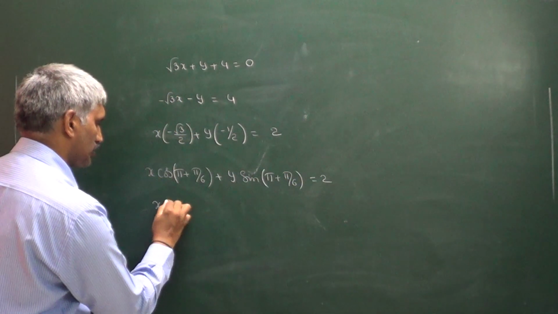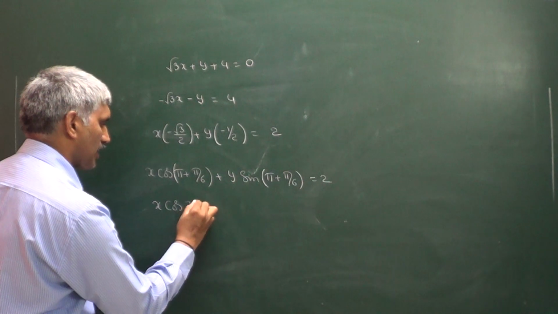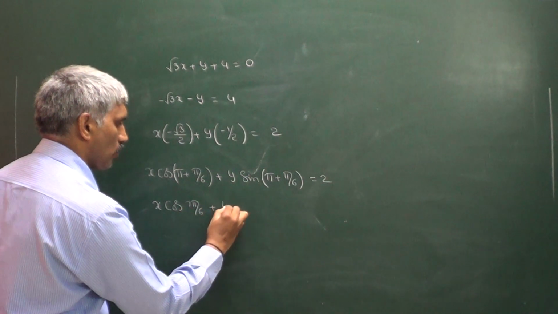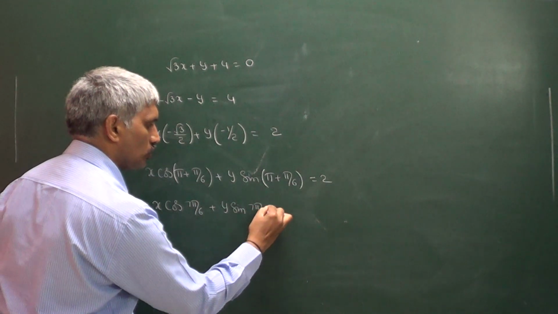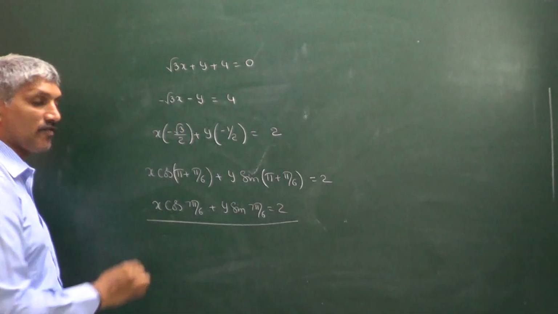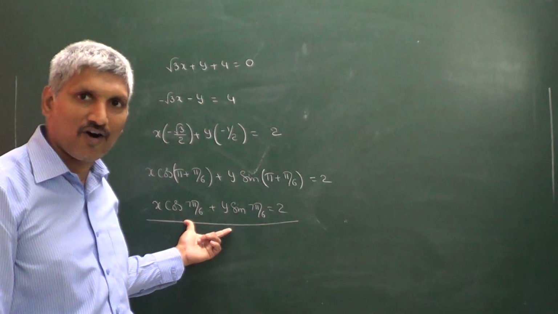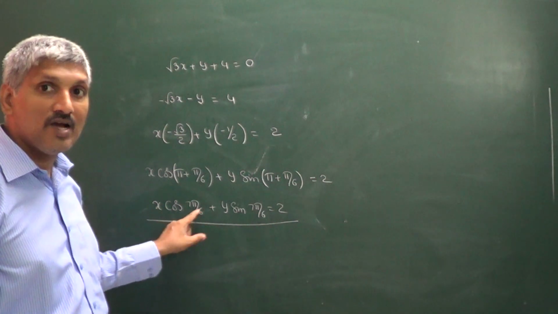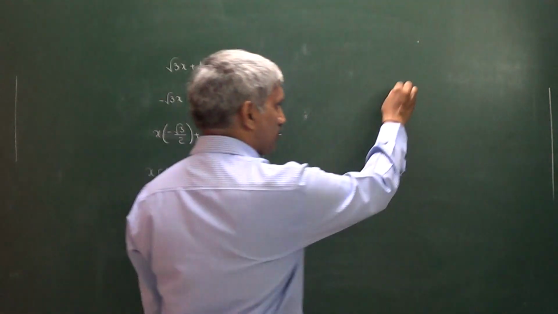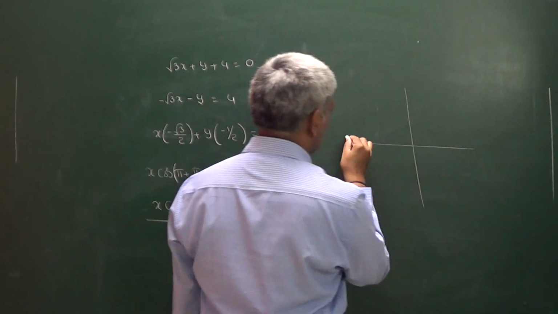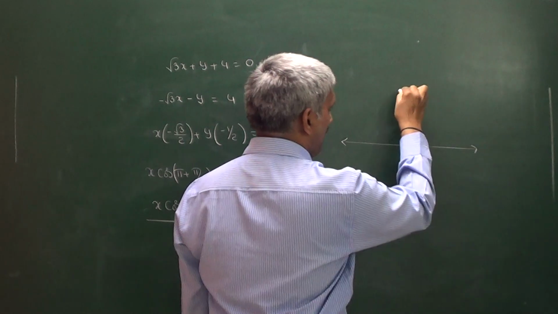So we got the information x cos 7 pi by 6 plus y sin 7 pi by 6 is equal to 2. That is the equation of a line in normal form. x cos alpha plus y sin alpha is equal to p. That is the equation of a line, because you will get the line in this way.